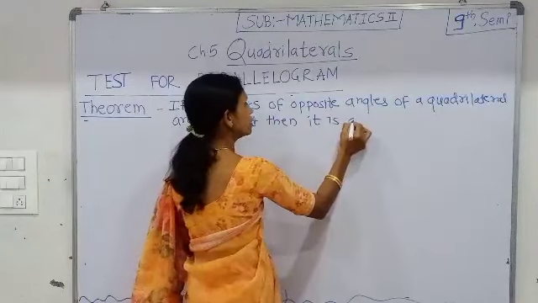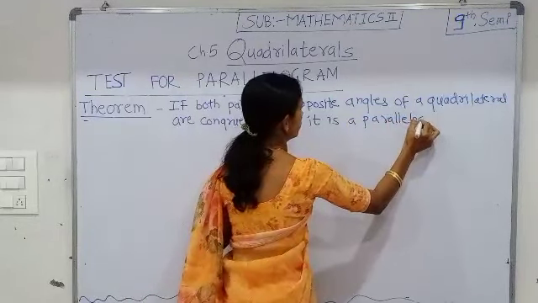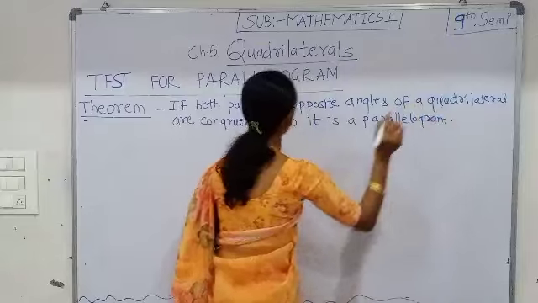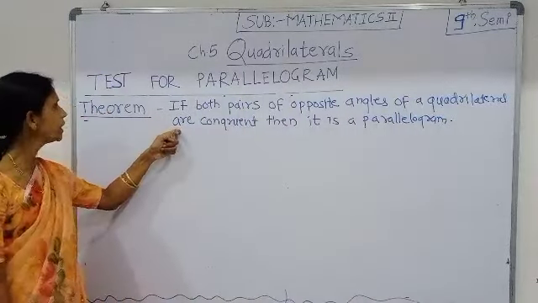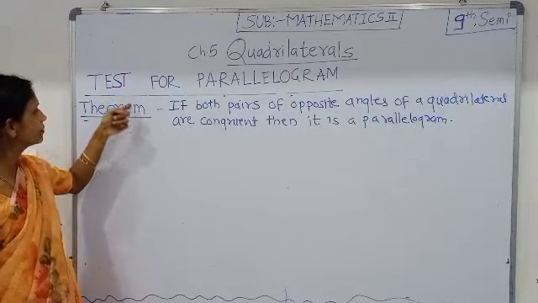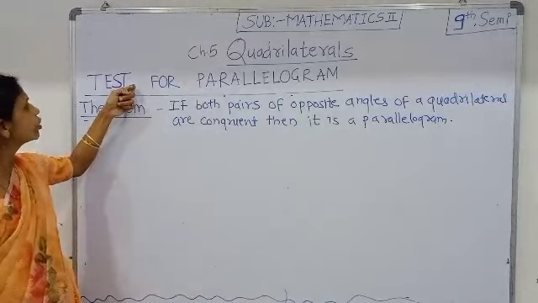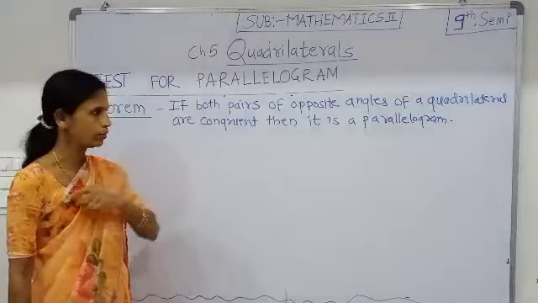That quadrilateral is a parallelogram. That is the property given in the form of a theorem. We have to prove this property, and that is one of the tests for parallelogram.